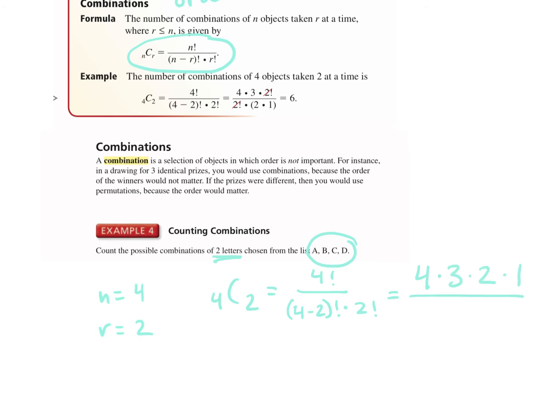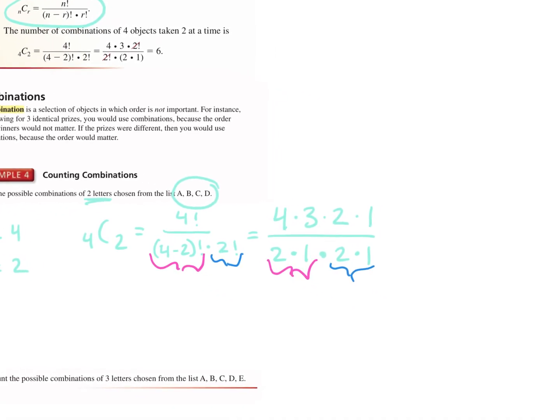On the bottom, 4 minus 2 is 2 factorial, so 2 times 1 and 2 times 1. Everybody sees the first 2 times 1 came from this, and then the second one came from this. Everybody with me so far?